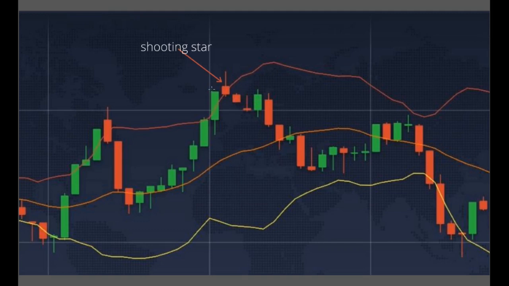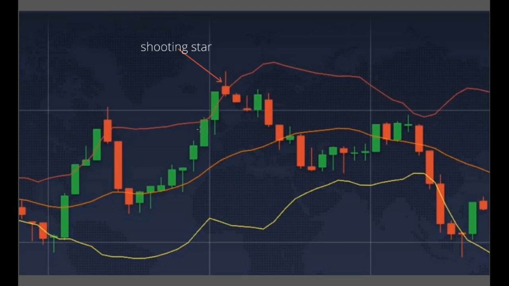We have the shooting star. The shooting star is the inverted form of the hammer. It occurs during an uptrend.